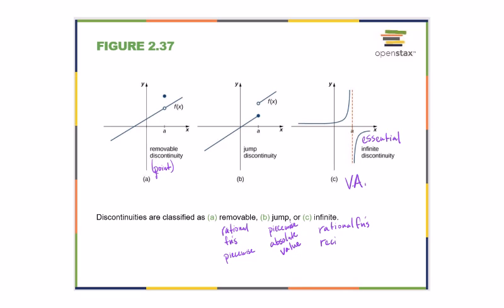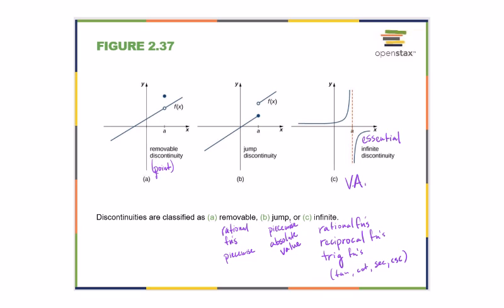Reciprocal, I think a lot of people consider a subset of rational. They can also happen with trig functions, in particular with tangent, cotangent, secant, and cosecant, not with sine and cosine. We'll talk about those a little bit later.